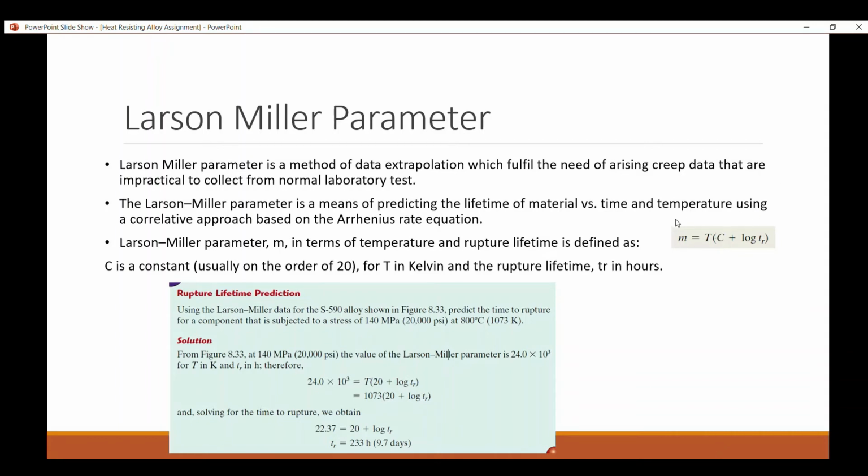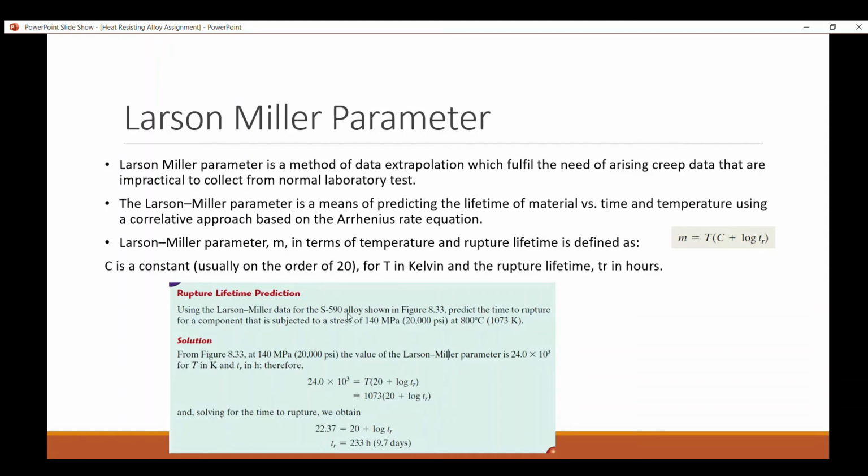M is the Larson-Miller parameter, T is the temperature, C is the material constant, and the rupture lifetime is equal to TR.